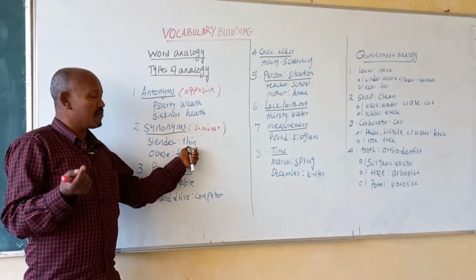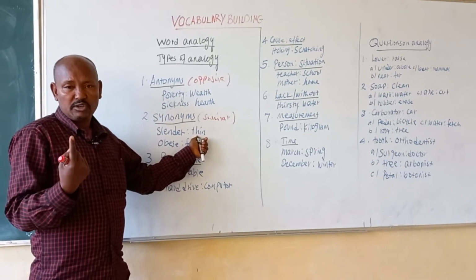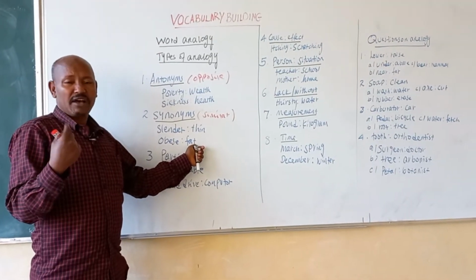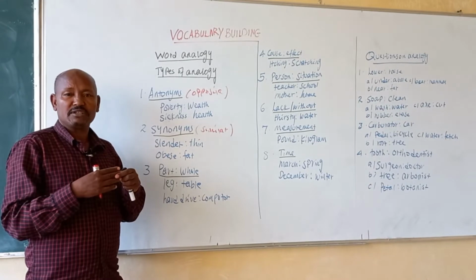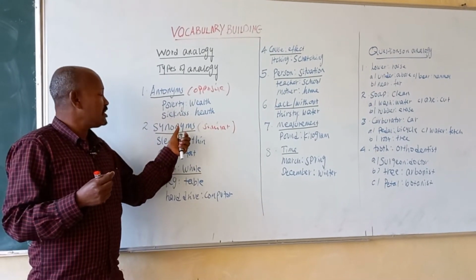These two words have the same meaning, so the type of analogy is synonymy. And obese means fat. Fat and obese have the same meaning. So this pair of words goes together with the type of analogy, synonym.